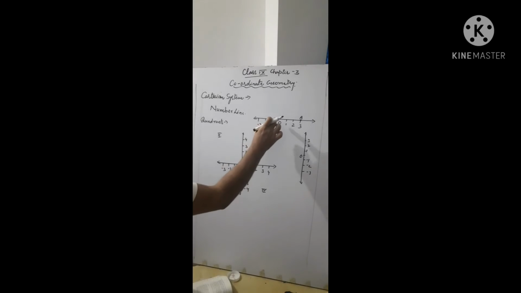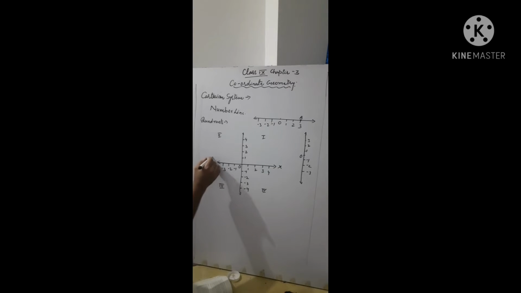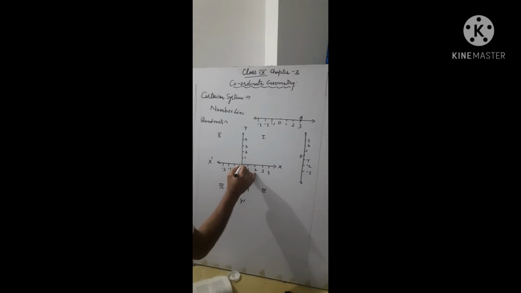So this number line is horizontal and this number line is vertical. The horizontal number line is represented as x dash, and the vertical number line is represented as y dash. Because they intersect at 0, at this point there are two zeros, one zero of the vertical line and the other zero of the horizontal line.